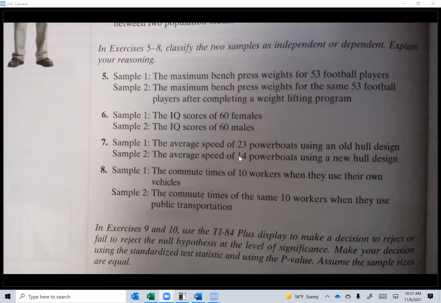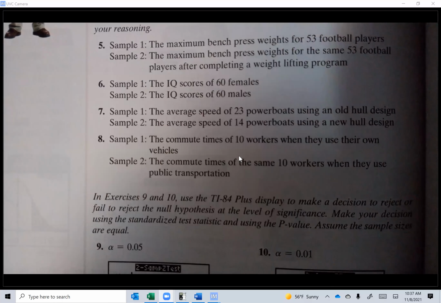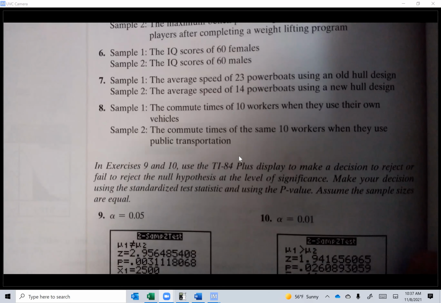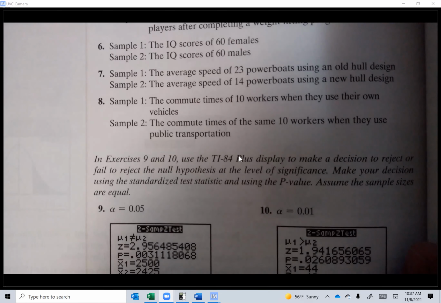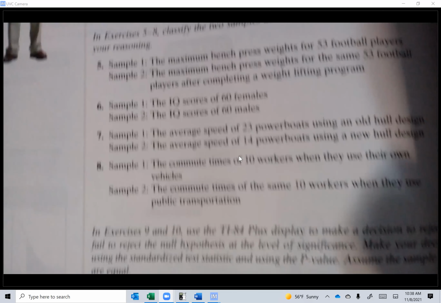So 8. The commute time of 10 workers when they use their own vehicles. The commute time of the same 10 workers, and I stress that, when they use public transportation. What do you guys think here? Dependent, exactly. Any questions, guys, about dependent and independent? Okay, that's good.